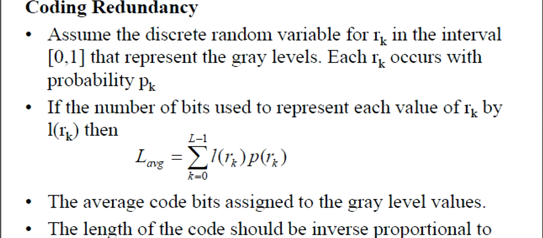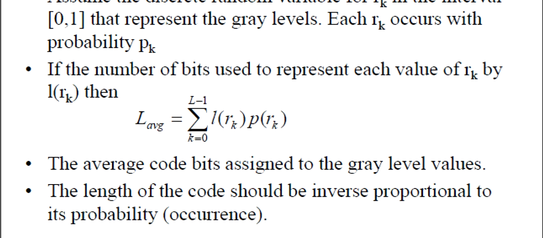If the number of bits used to represent each value of rk is l(rk), then L average is equal to the sum for k from 0 to L minus 1 of l(rk) p(rk). The length of the code should be inversely proportional to its probability.